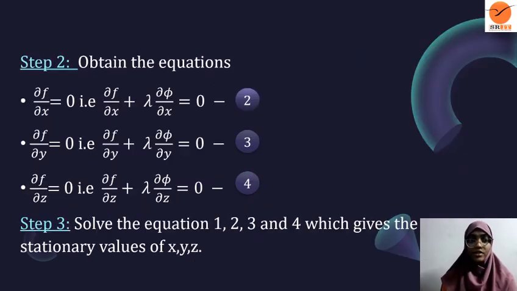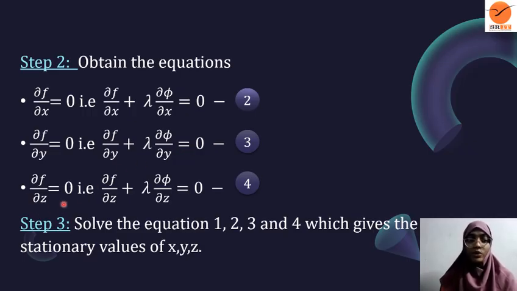Step 2: obtain the equations dou F by dou x equals 0, that is dou f by dou x plus lambda dou phi by dou x equals 0. Dou F by dou y equals 0, that is dou f by dou y plus lambda dou phi by dou y equals 0.